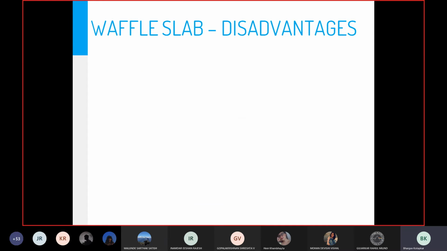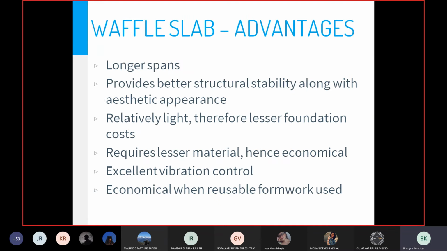Now, advantages include, obviously, they are preferred when it comes to longer spans. They provide better structural stability because we are stiffening it. Naturally, if we are stiffening it, we are reducing deflections, we are reducing vibrations, and of course they appear aesthetic. Then, of course, they are relatively light, therefore lesser foundation cost, lesser material in the vertical framing system, and therefore lesser cost of the vertical framing system.